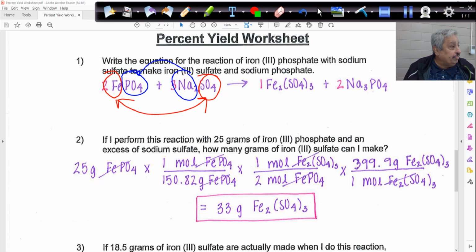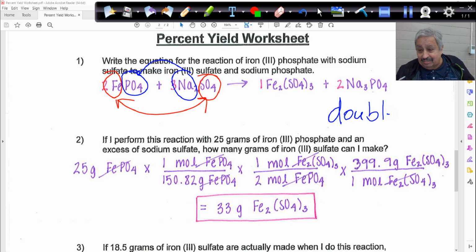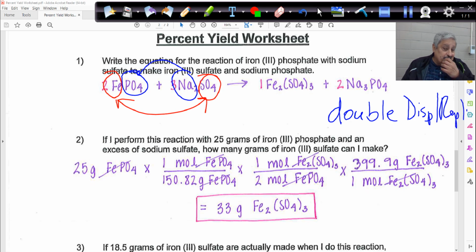Yes, they are swapping. The anion will take the cation for the second one. The cation for the second one will take the first one's anion. So that's a double displacement or replacement, whatever you call it. So that's double.